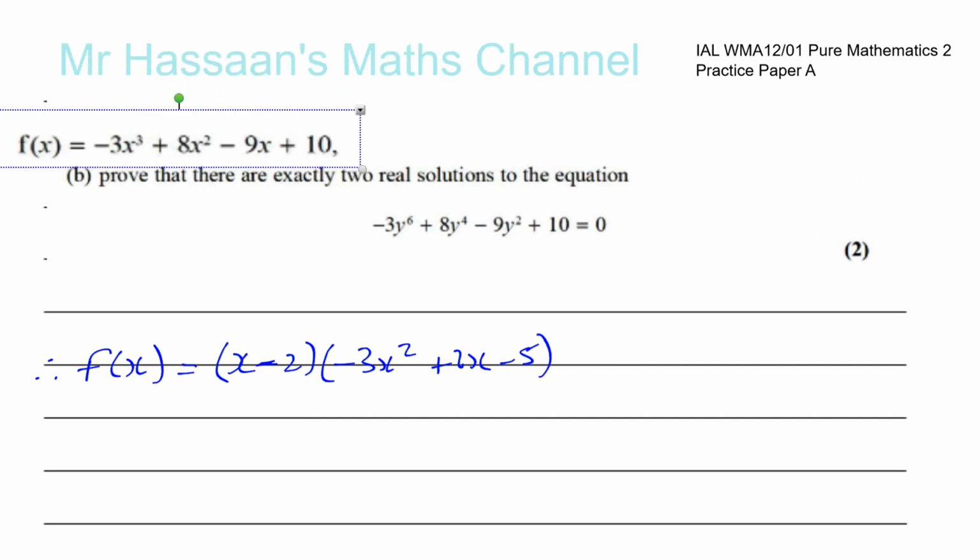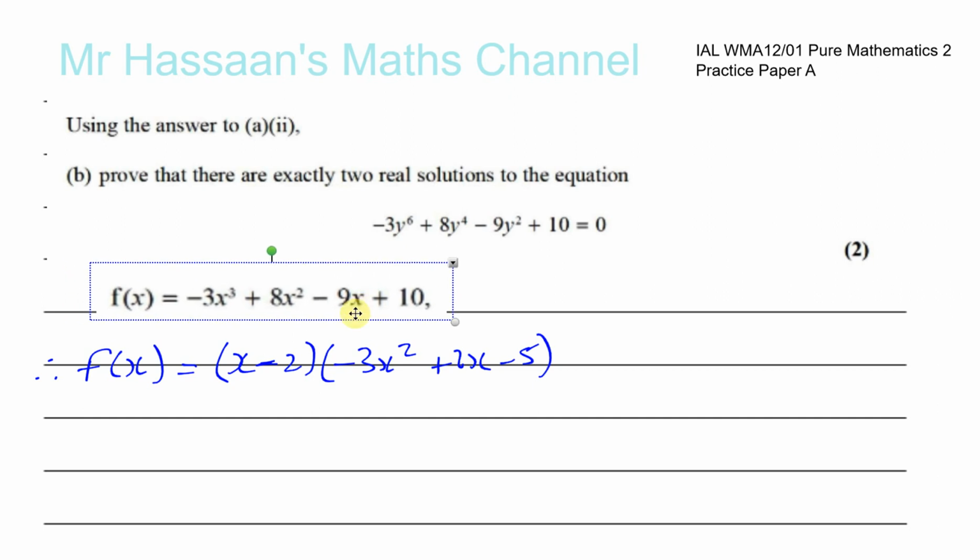Okay, so this is our original f of x, and this is what it became when we wrote it as a product of two factors. Now, if you compare these two, you can see that the x has been replaced by y squared.